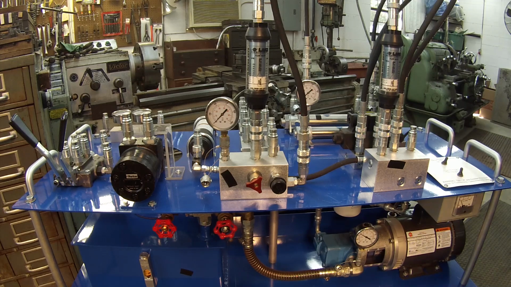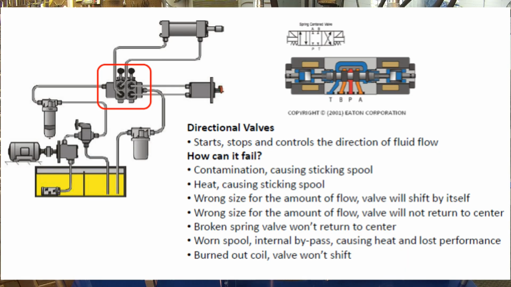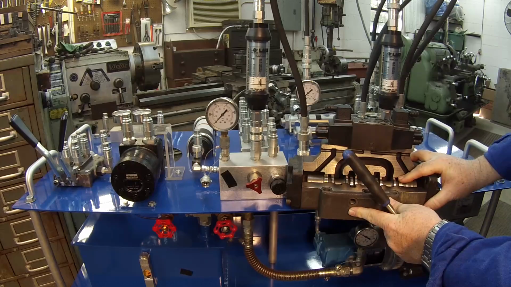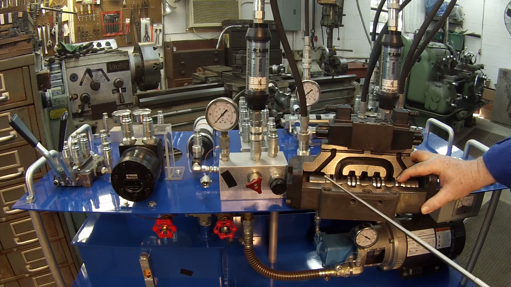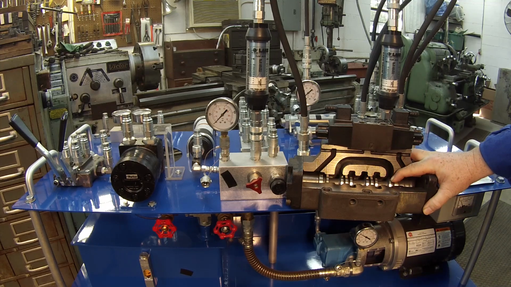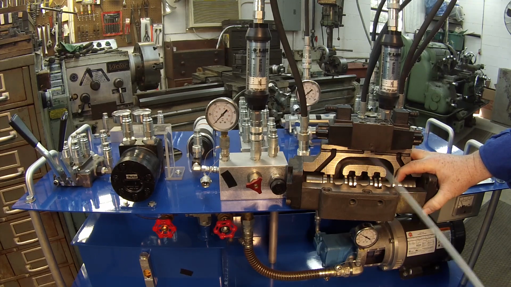The next component we talked about is your directional valve. Here's a nice little demonstration of how a directional valve works. You energize the coil on either end of this spool, and it has a push pin that pushes the spool over to the left or to the right. As I mentioned earlier, here's your pressure port, here's your A port, your B port, and then your tank ports are on either end right here and here.